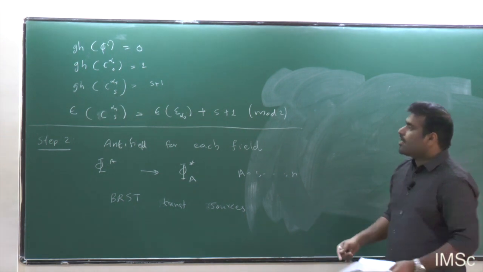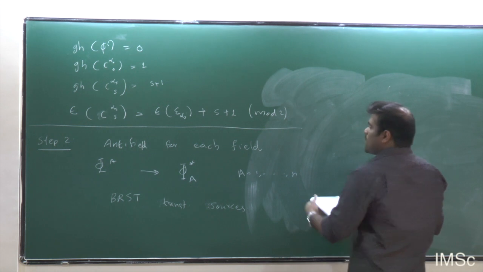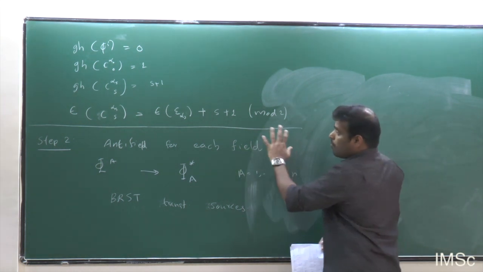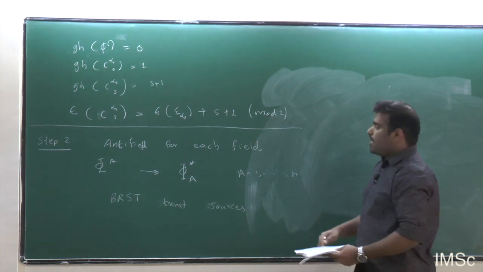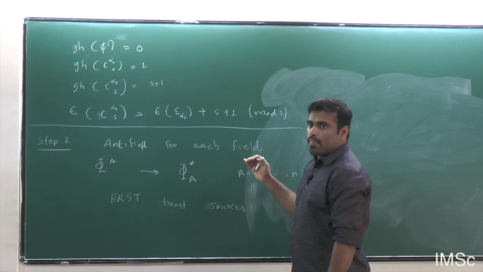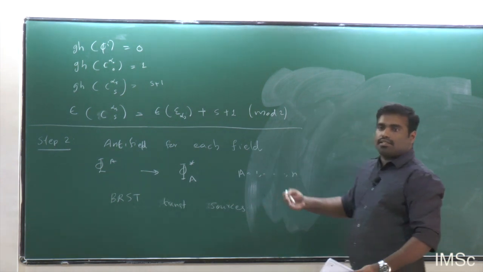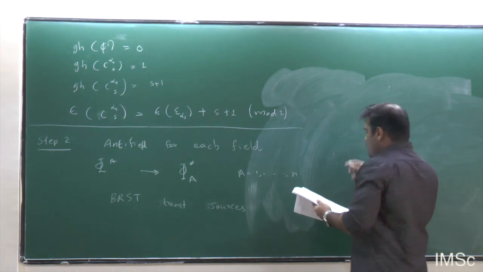And again, you can define ghost number for each antifield. This is a part that is new in BV formalism, and you have to do the assignment in a particular way to recreate all the gauge structure that you have. So the assignment of ghost number and the parity is as follows.